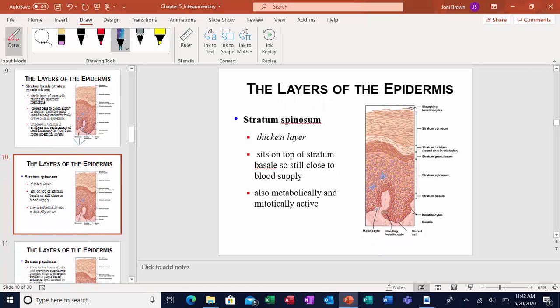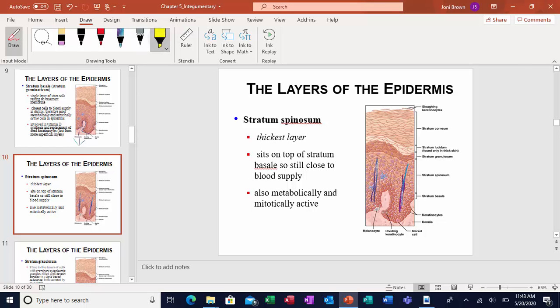Above the stratum basal is this thick area right in here, all of this. It's called the stratum spinosum, and it's several layers thick, as you see. It's close enough to that underlying connective tissue that it's got a good blood supply.